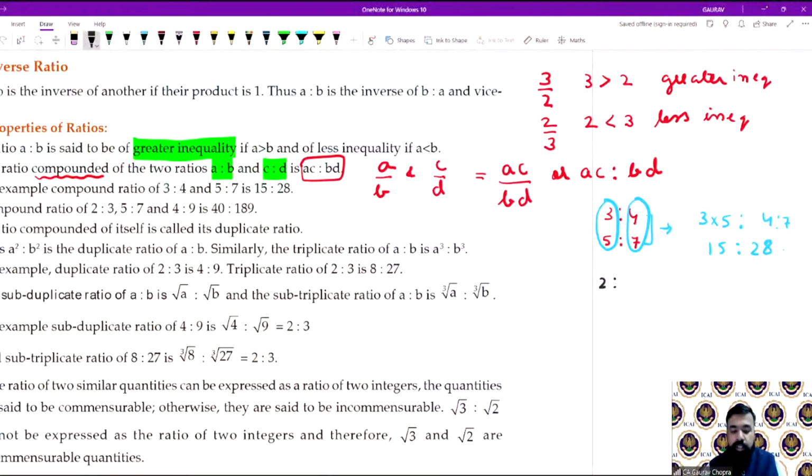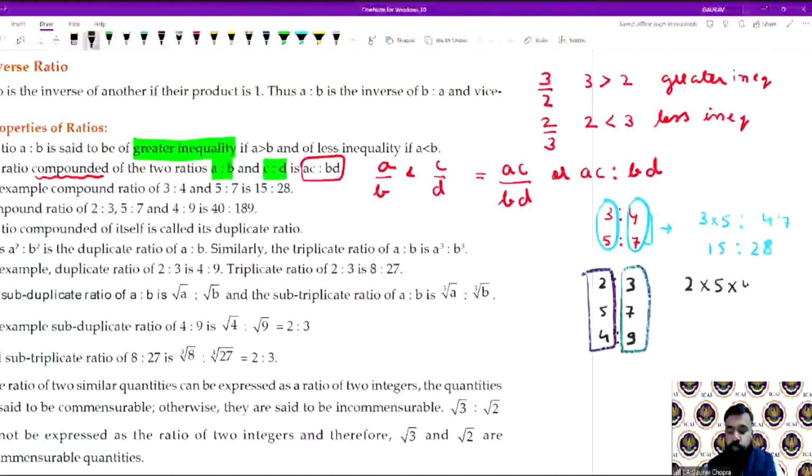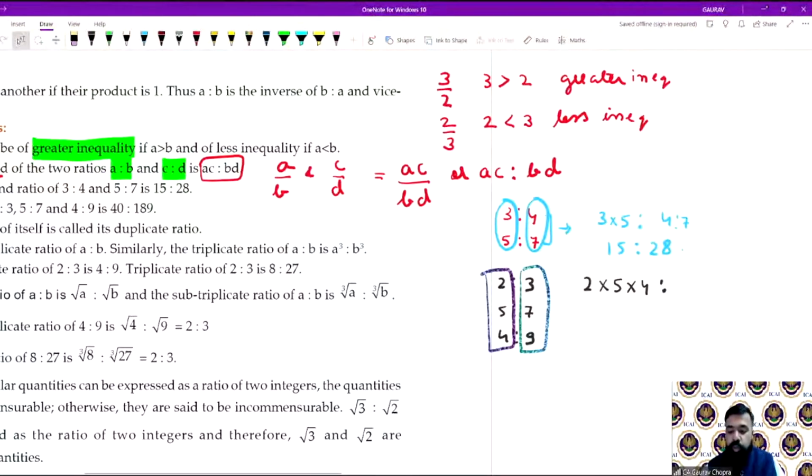If there are, let's say, three ratios given, 2:3, 5:7, and 4:9, and now we have to compound them. Again, just multiply all the first ones, multiply all the second ones, and then get the result. So 2 into 5 into 4 ratio 3 into 7 into 9. If any cancellation is there, you can do it, otherwise multiply and get the final result.